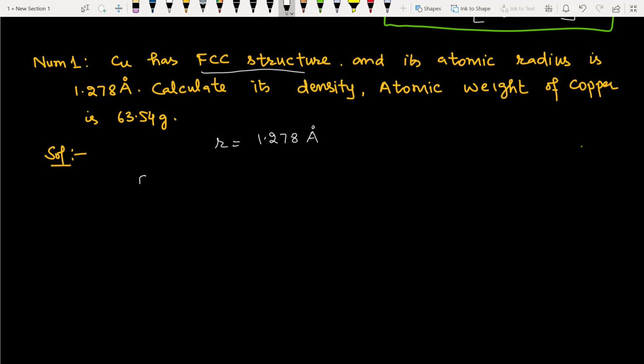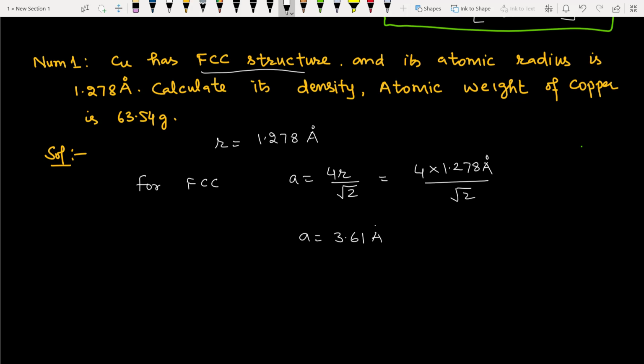For FCC arrangement, a is equal to 4R upon under root 2. This we have derived in our previous lectures. So it is 4 times 1.278 angstrom divided by root 2. So the edge length for FCC arrangement comes out to be 3.61 angstrom.